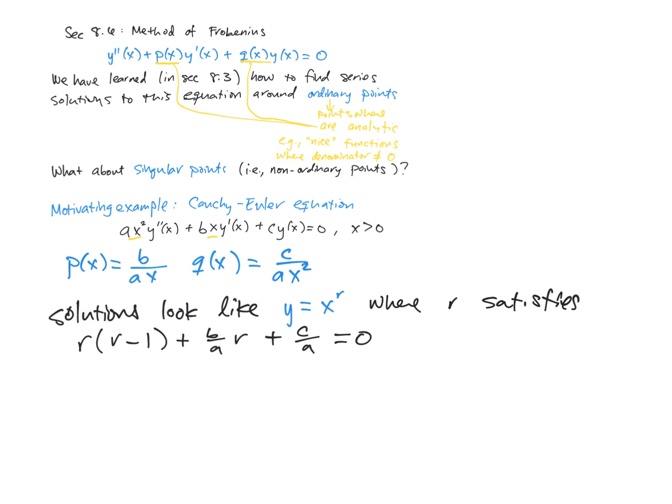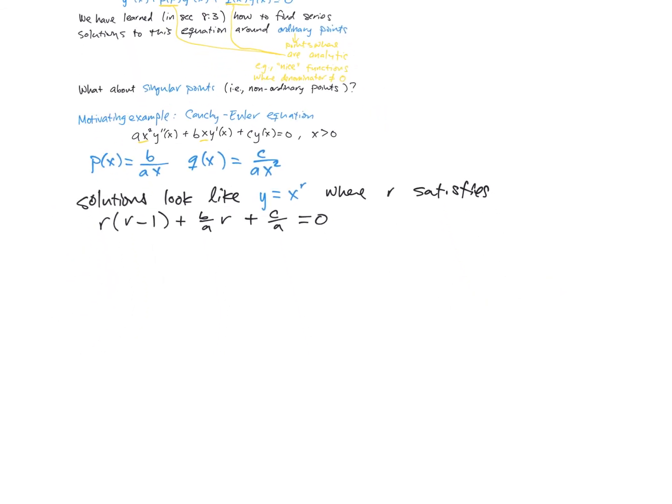So the notion here is that if we have singular points that we can kind of cancel out through our derivatives, then maybe we can find solutions kind of like we did for Cauchy-Euler.